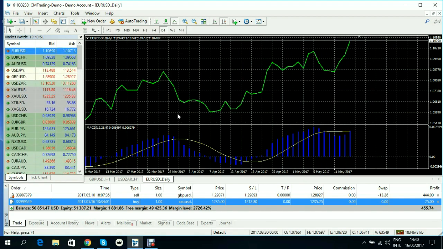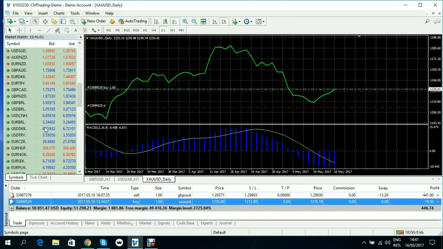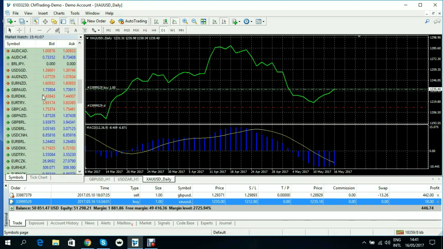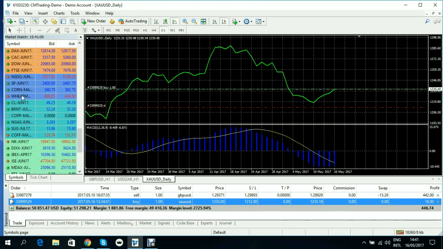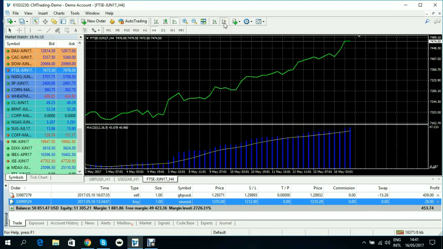The MACD works the same way on all time frames, be it gold, indexes, futures, commodities. It works the same way.